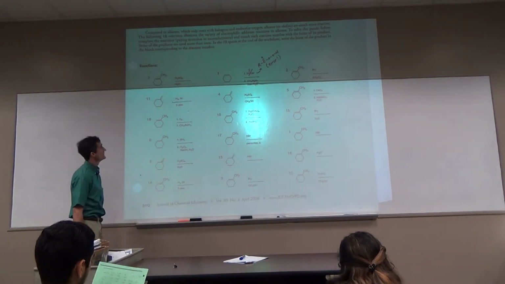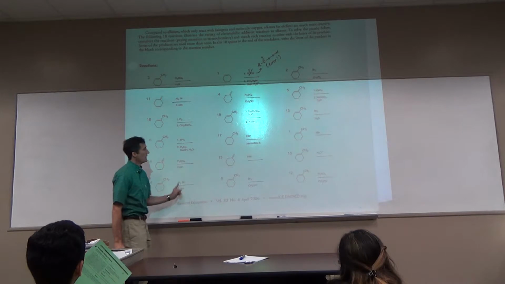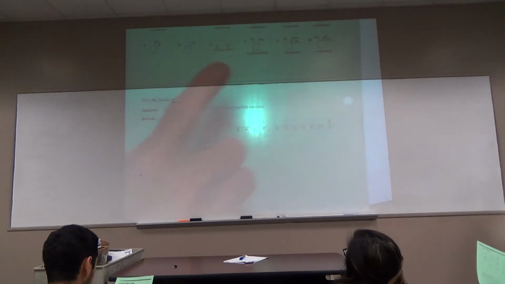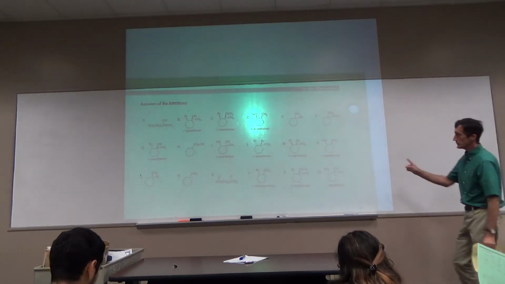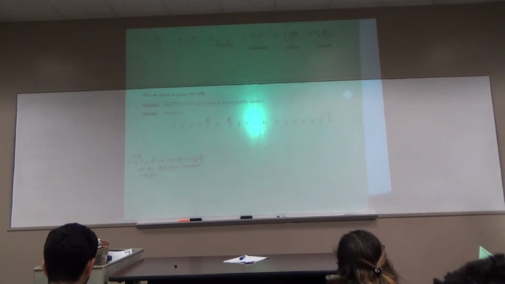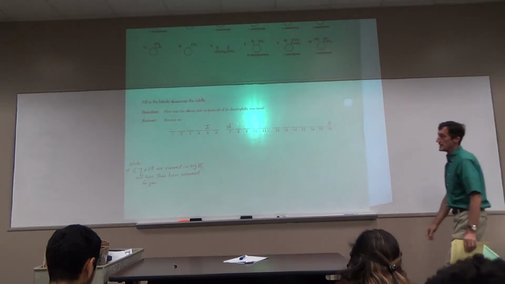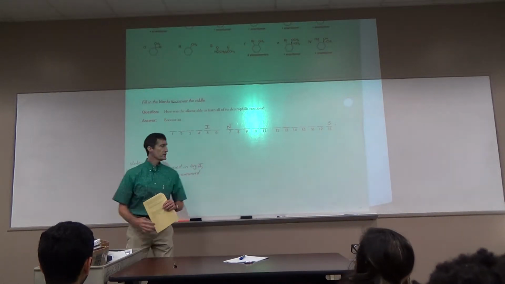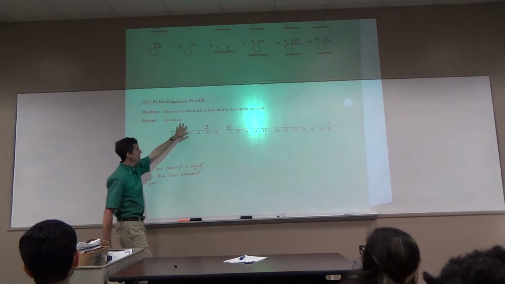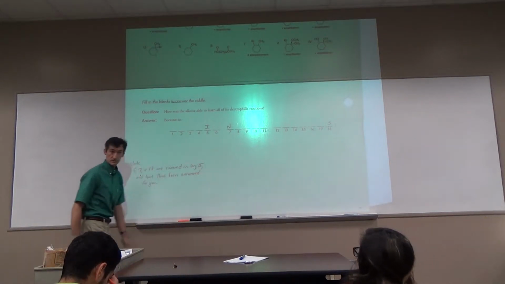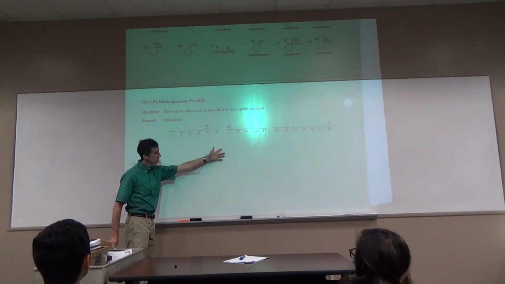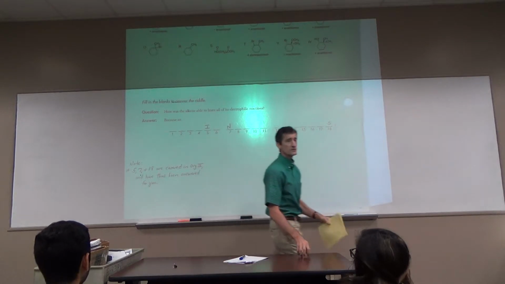For every reaction, possible products are shown on the next page. You choose your product. Each product has a letter associated with it. And between the number of the reaction and the letter of the product, you're able to fill in the answer to the riddle. The riddle is, how is the alkene able to learn all of its electrophilic reactions? The answer is because, and it gives you your answer. Basically, it's practice, okay?